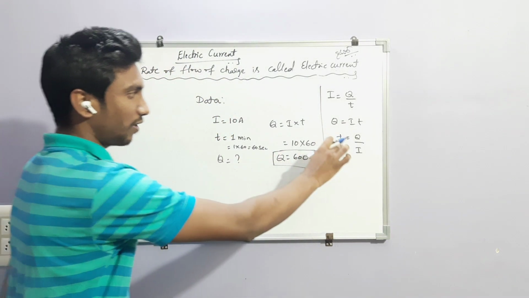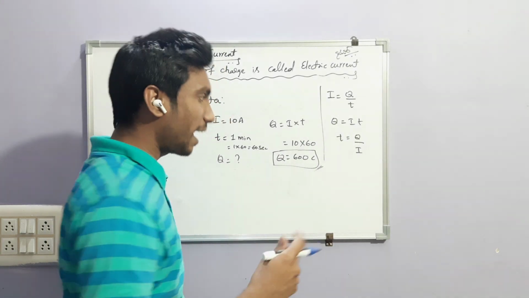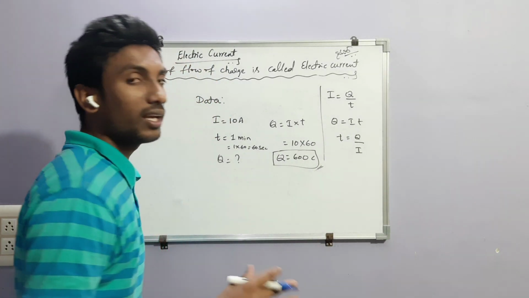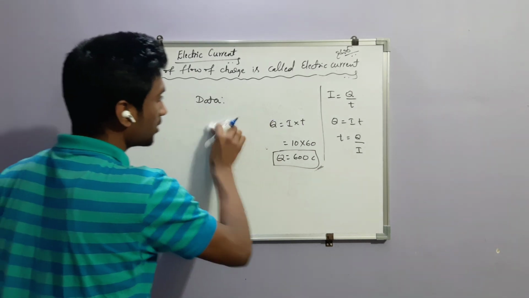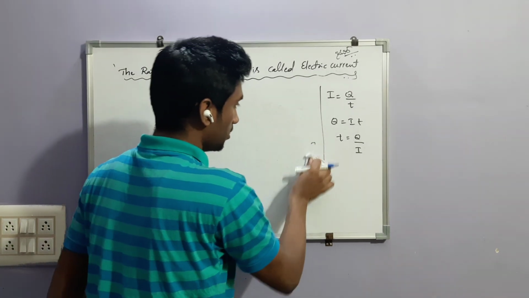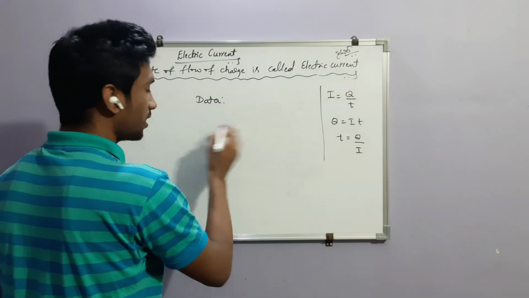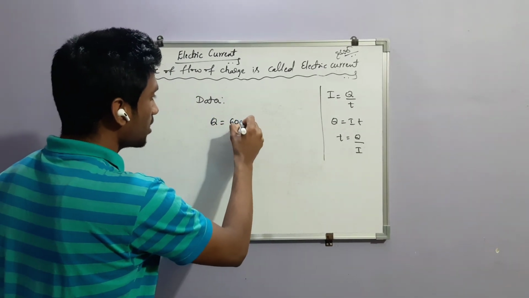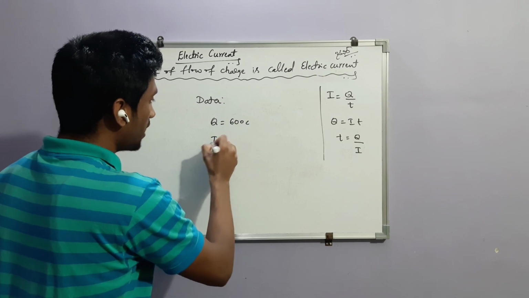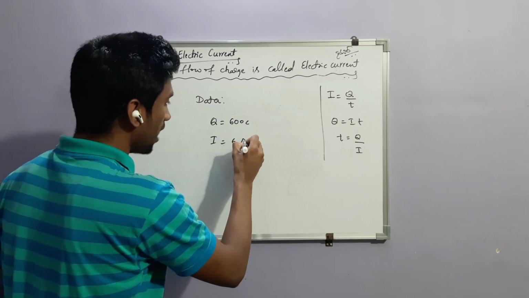The last one is, how to calculate the time? They are given the Q value and the current value, so let's see another example. First write down the data they are given. Q is equal to 600 coulomb, and I is equal to 6 amperes.